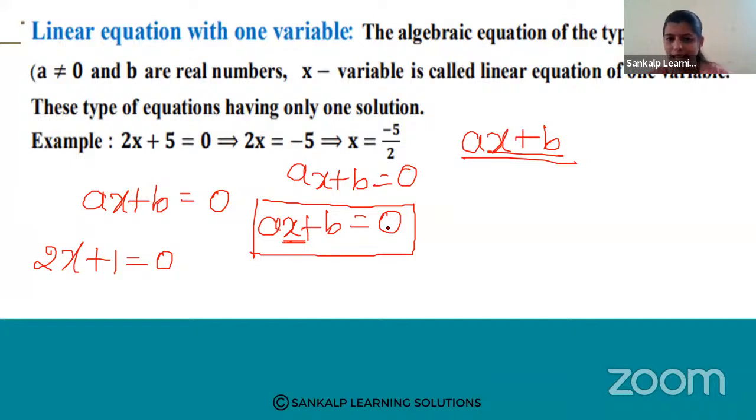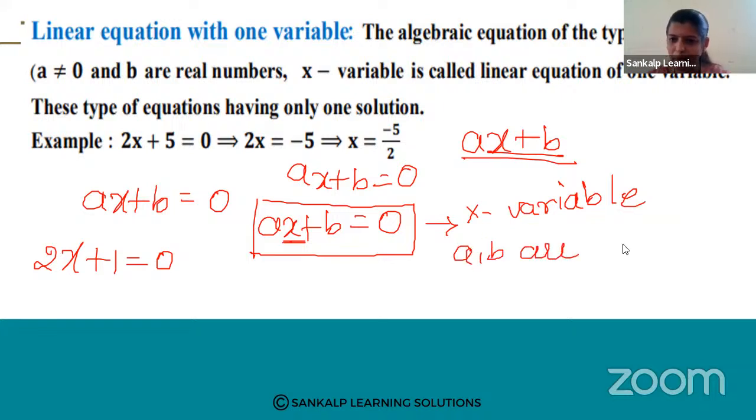Therefore, we call this a linear equation of one variable, right? So x is a variable here, and a and b are real numbers. Remember, my dear children, a, b, c are real numbers in the equation. Okay.